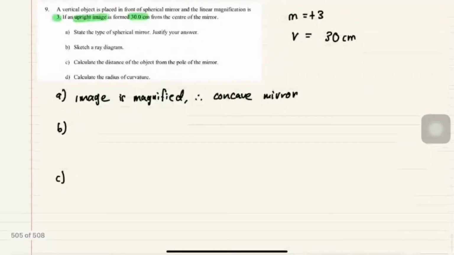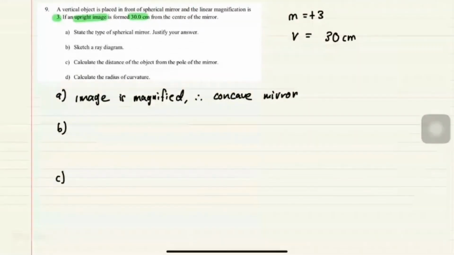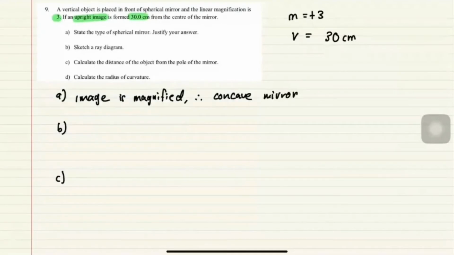If an upright image 30 cm from the center of mirror. Okay, kalau kamu ingat, roughly kita buat. Image kamu ada concave.